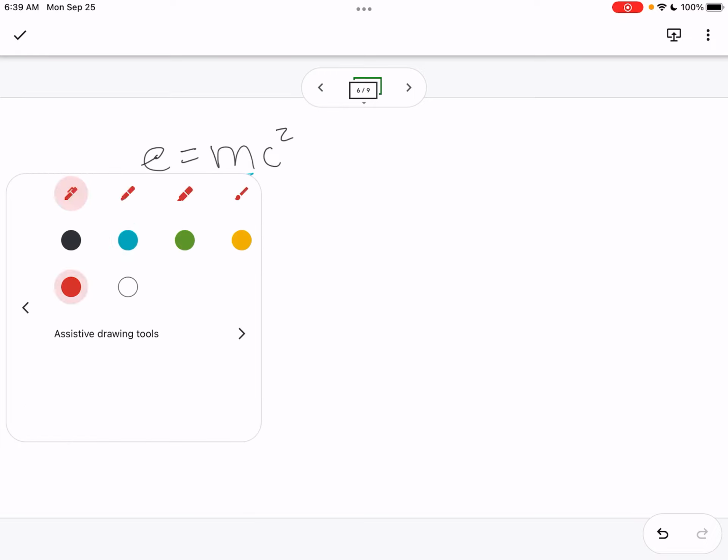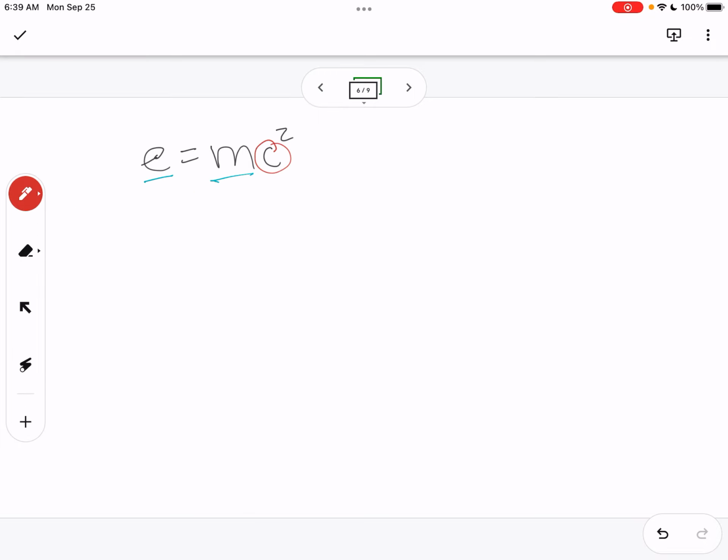But C stands for the speed of light, which generally speaking does not change. It is a constant. So we need to make sure that when we're using letters, we know whether the letter stands for a variable or a constant.